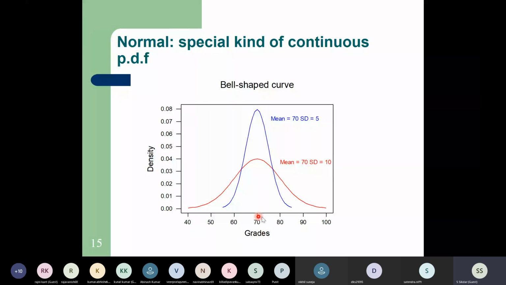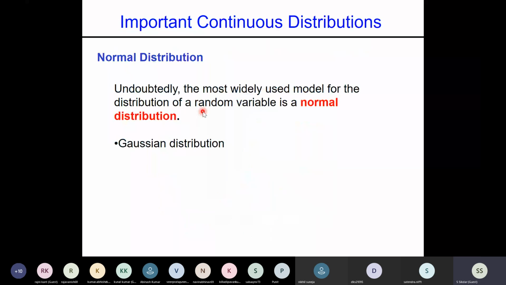If I plot the grades against student density, this is very narrow here and wide here. As we said earlier, for a random variable we follow the normal, Gaussian distribution.